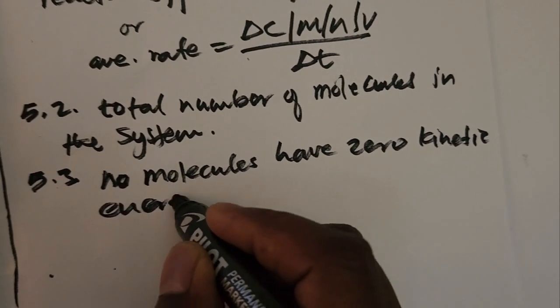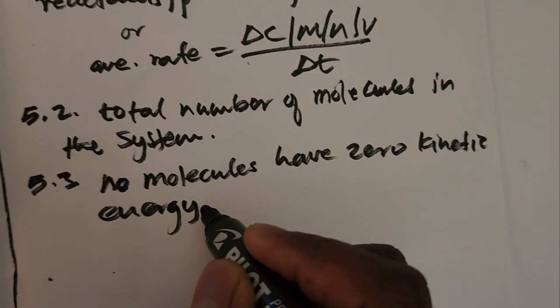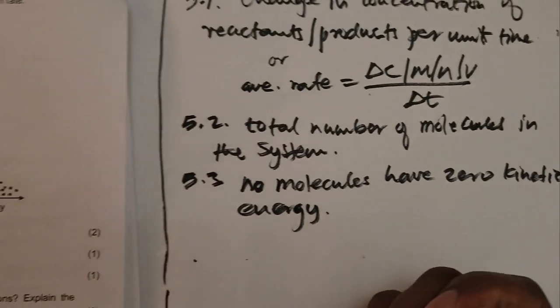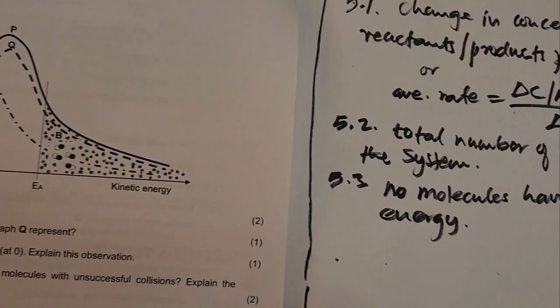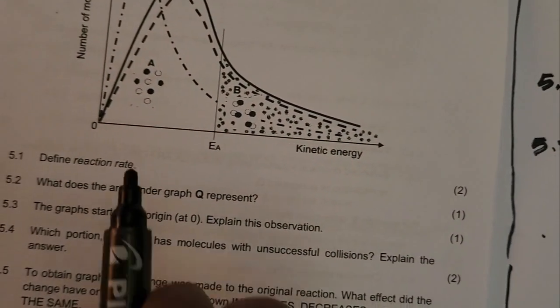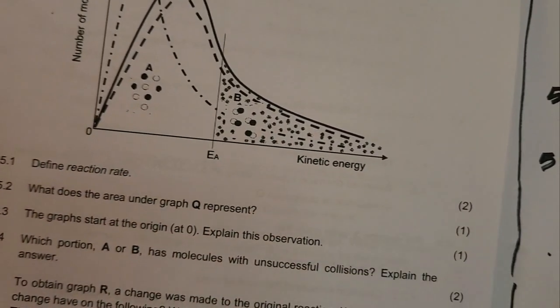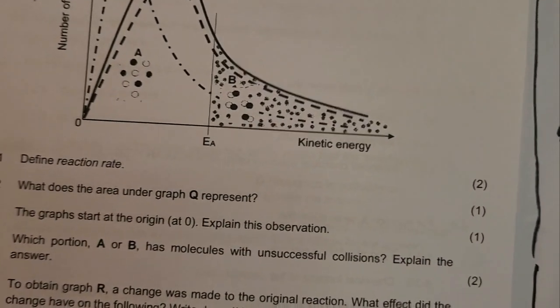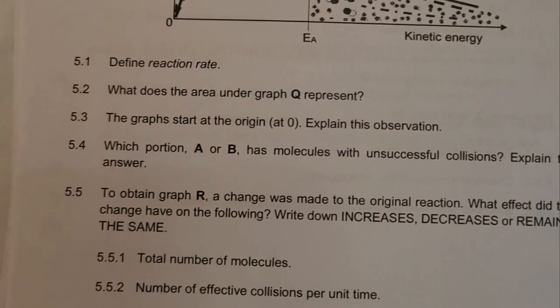That's why it has to start at 0: at the origin, when you start the reaction, if there are no molecules, there will be no energy. So once you start having molecules, then the energy must be greater than 0.